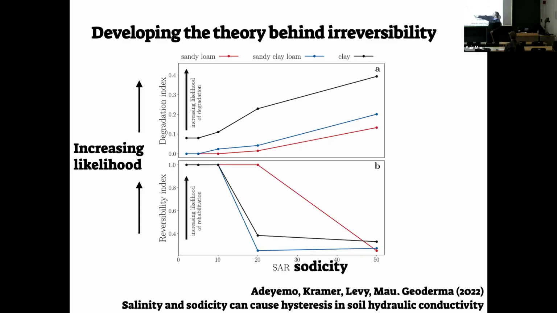But you see the clay is the black, and the sandy clay, this is 45% clay, and this is 25% clay, and it's not necessarily always the case. This is one specific clay soil with one specific mineral. It's not always the case that the more clay we have, the lower our ability to make the soil rehabilitate.